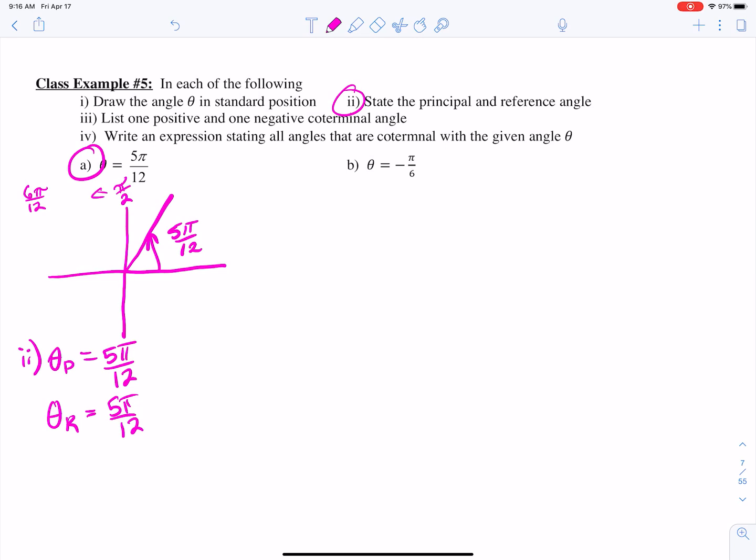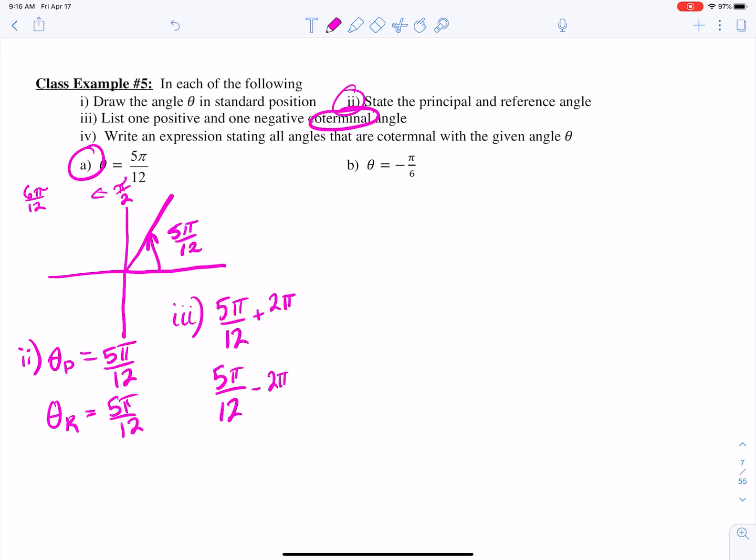List one positive and one negative coterminal angle. Well, we know to find coterminal angles, we need to add or subtract full rotations. So I'm going to take the principal angle and add a rotation, and I'm going to take the principal angle and subtract a rotation.